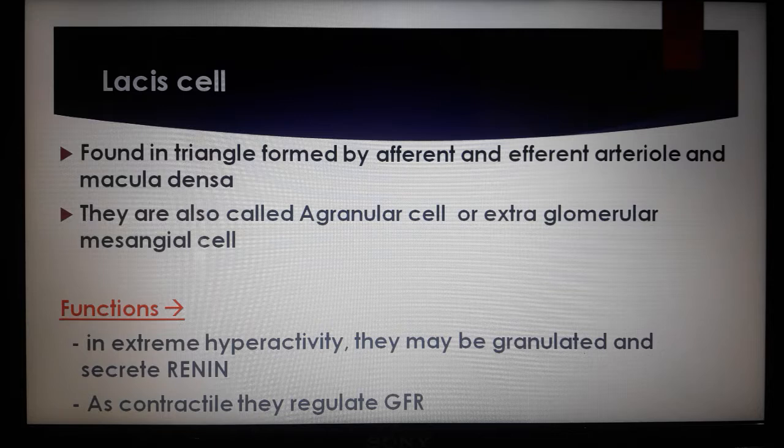When there is an increased requirement of renin, they secrete renin. As extraglomerular mesangial cells, they are contractile, and as they are contractile, they kink the vessel wall and regulate the GFR.